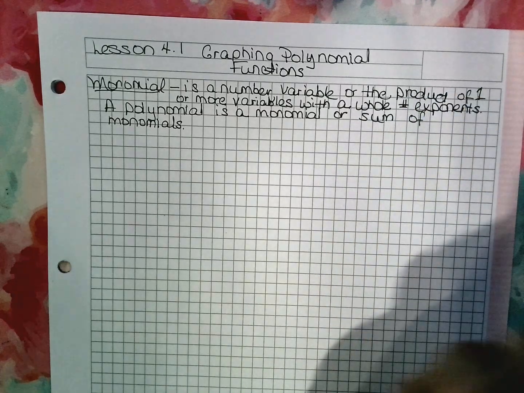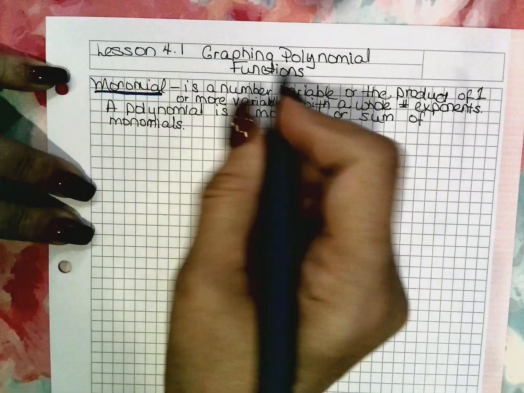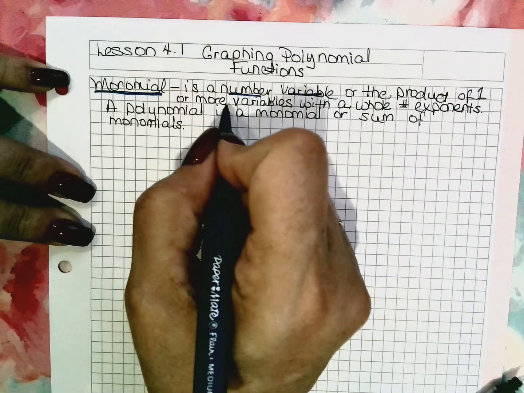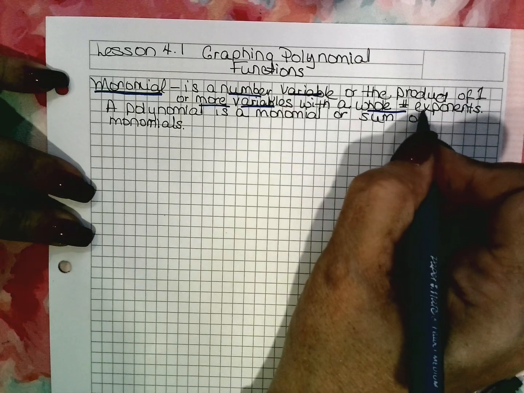All right, so let's look at this. A monomial is either a number, a variable, or the product of one or more variables with whole number exponents.